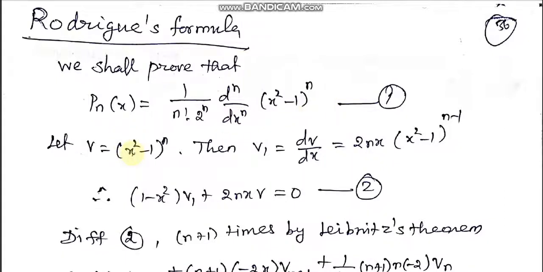Let v equal to (x square minus 1) to the power n, and we can find the first derivative of v as v1 equal to dv by dx. So now, on substituting this v and v1 in equation 1, we find another equation that is called equation 2.